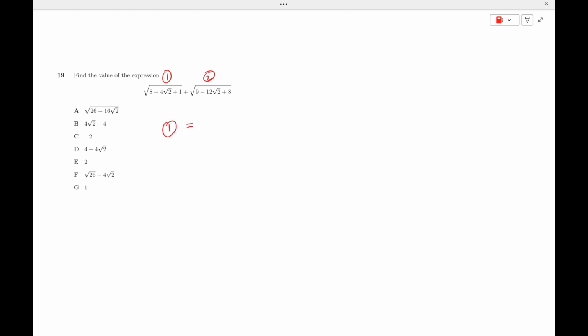1 is going to be the same as the square root of, and because that's a root 2 there, we've got 8 in both of them. 8 can be written as, the square root of 8 is 2 root 2, so I can rewrite the 8 as 2 root 2 squared, and then I've got the square root of 2 root 2 squared plus 1 minus 4 root 2.